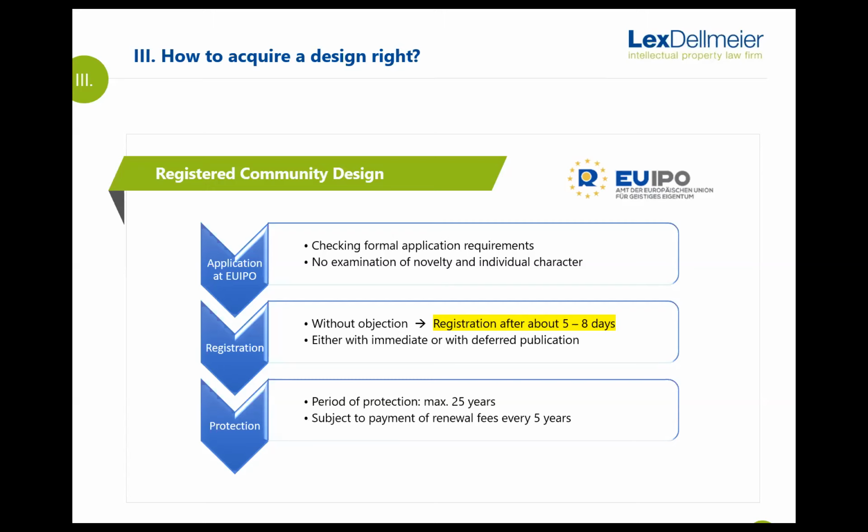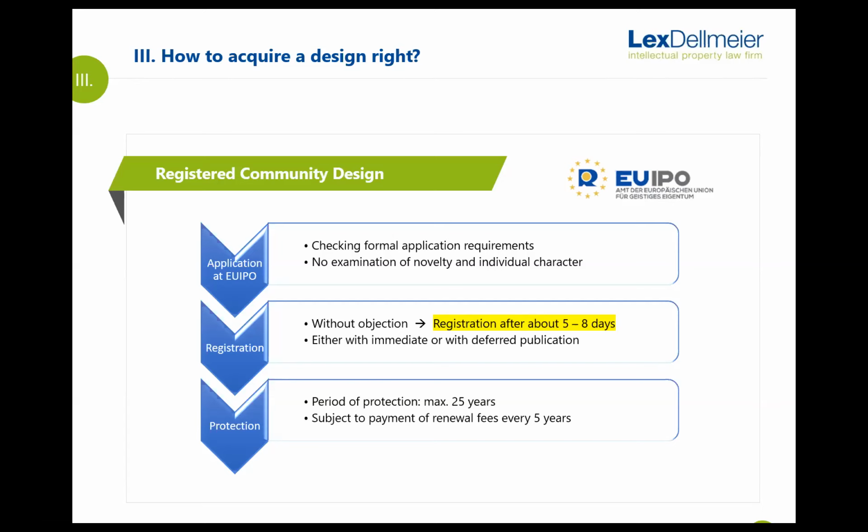In particular, in Europe, design law, just as trademark law, is largely harmonized. So there are really no differences, except that the EU IPO will register your design a lot faster than the German Patent and Trademark Office.